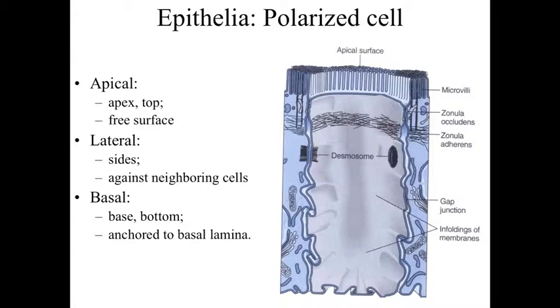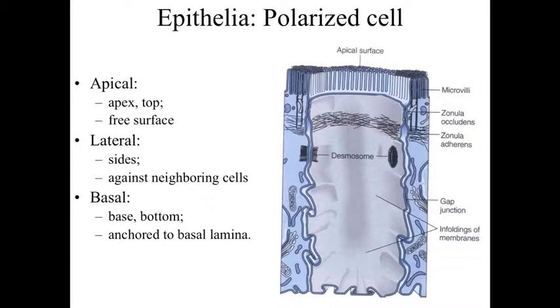Whether we have one cell thick or many cells thick, at some point this epithelial lining is going to be adjacent to that open space, that biological space, whether it's inside of the body or outside of the body. And at the opposite end of that, we're going to have the epithelia anchored to the surrounding tissues, anchored to the underlying connective tissue, and anchored to the rest of the body. So the presence of these different regions in relationship to the cell is what makes this polarized.